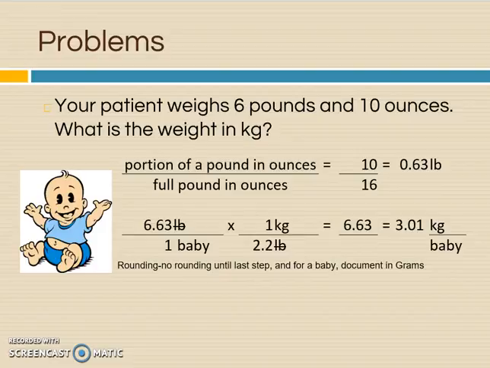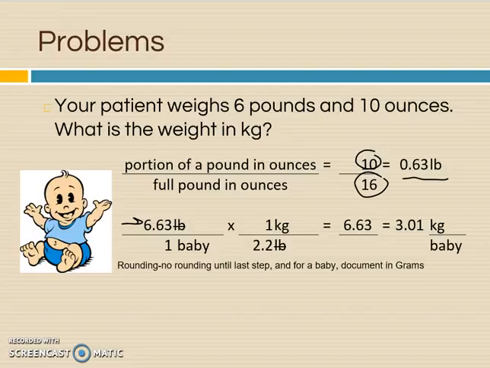So if we take 10 ounces here and we divide it by 16, which is how many ounces are in a pound, we come up with 0.63. So now we know that the baby's weight is 6.63 pounds.